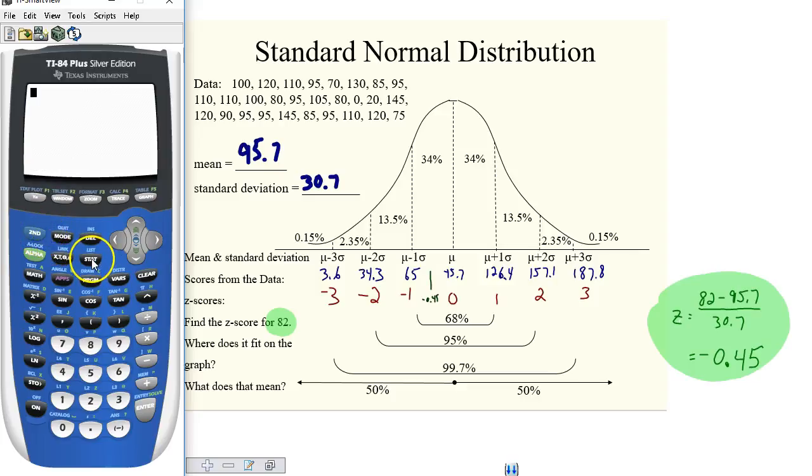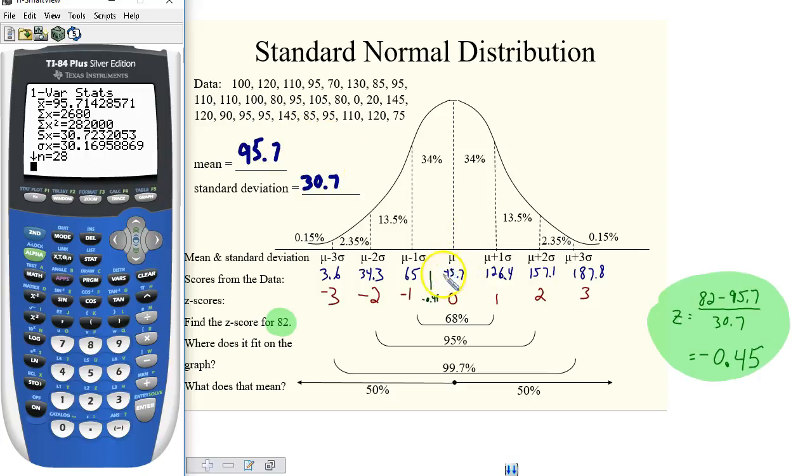I then hit Stat, Calc, 1-Var Stats. It defaults to List 1, so you can hit Enter, but if it helps you to always remember to put where your list is, you can also do that. I was in List 1, so I hit 1-Var Stats of List 1, and hit Enter, and it gives me a mean and a standard deviation.